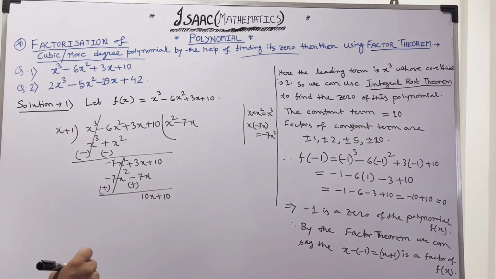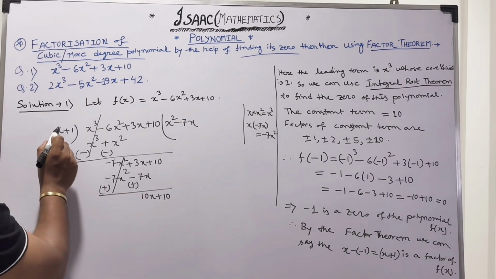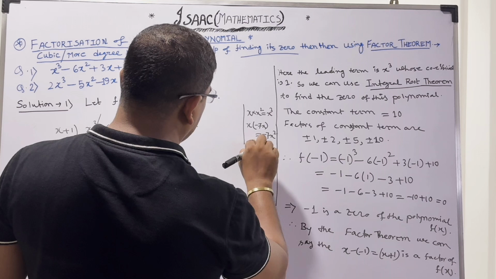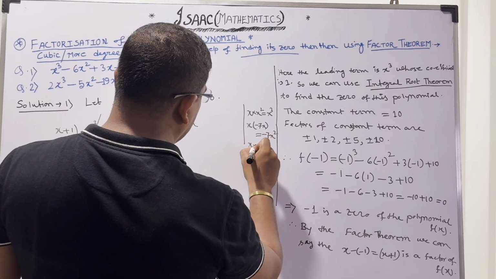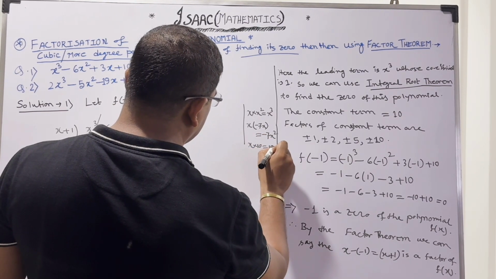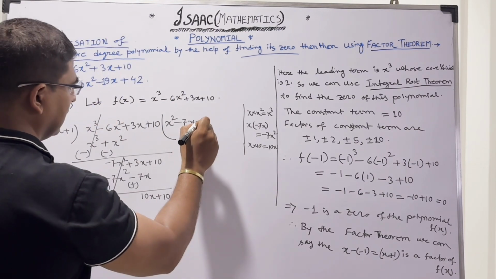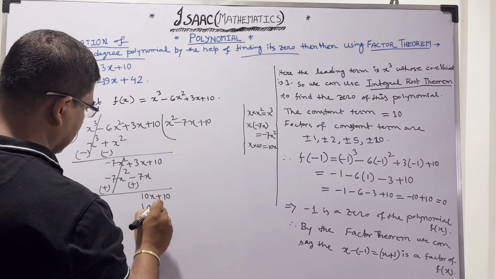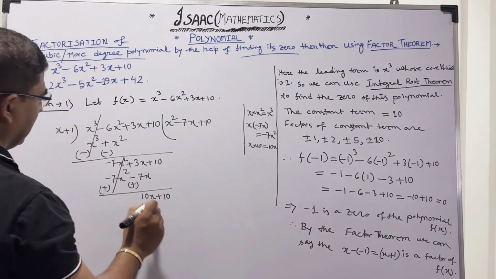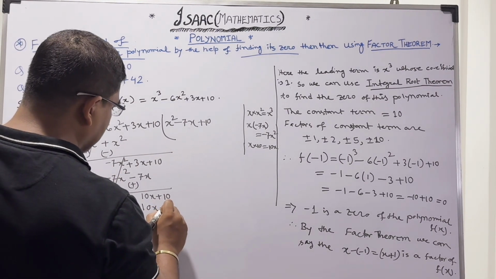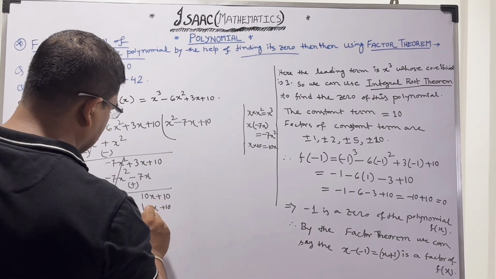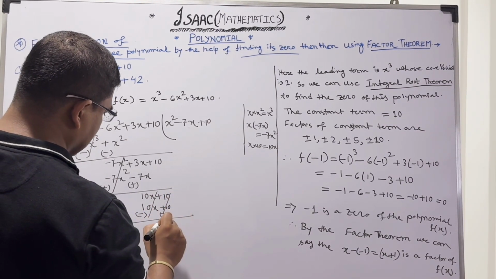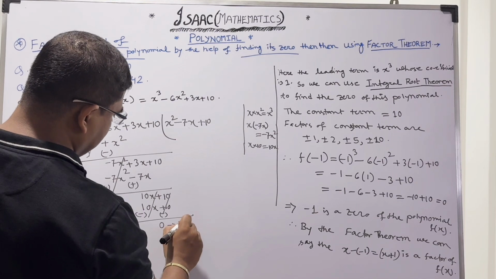Now to get 10x, we multiply x by 10, so in the quotient there will be plus 10. After multiplying, we have 10x plus 10. After subtracting, we cancel these two, and 0 becomes the remainder.